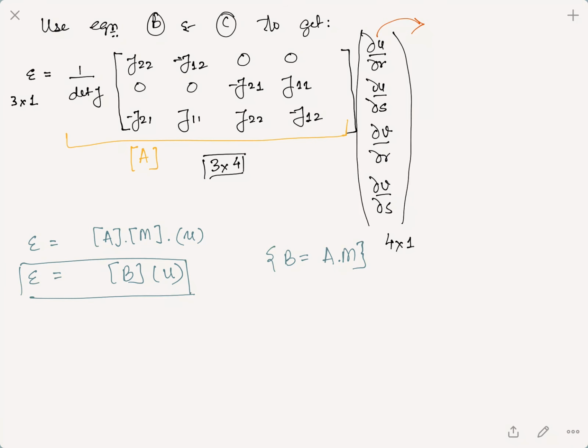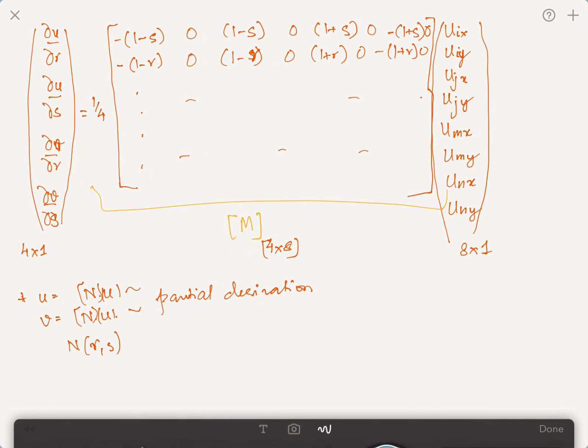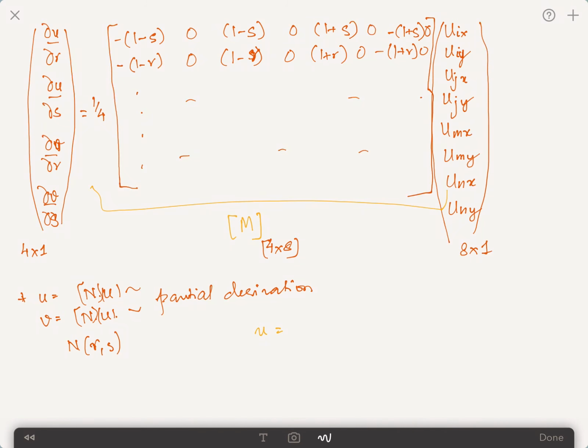Now, if there is still a certain doubt about how I arrive at this particular relation, you can start with the displacement. So I can write this u as Ni ui plus Nj uj plus Nm um plus Nn un. And I can write, instead of Ni, 1 by 4, 1 minus r, 1 minus s, ui, and so on.